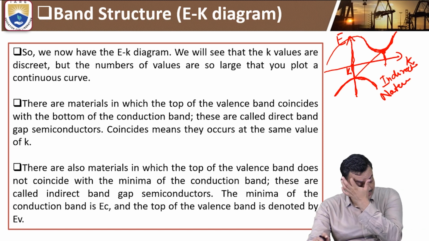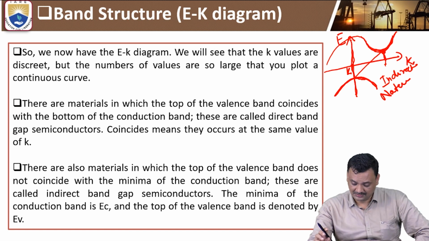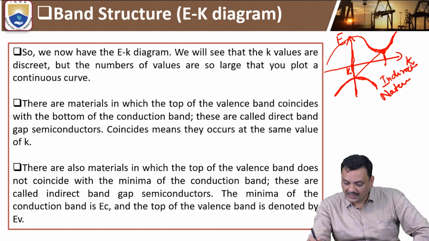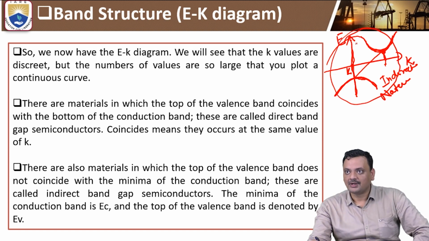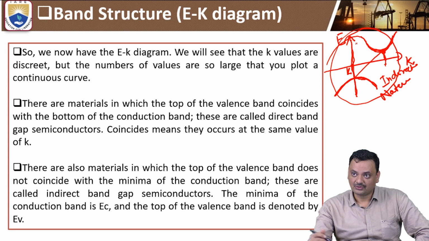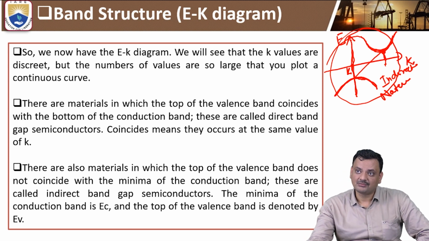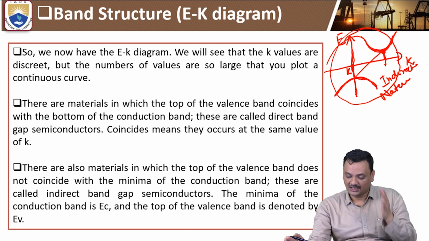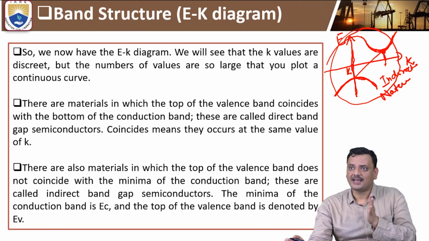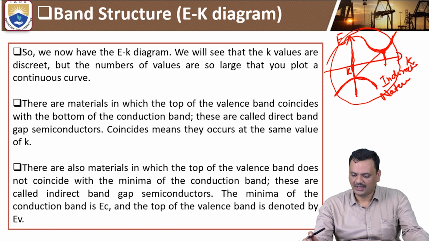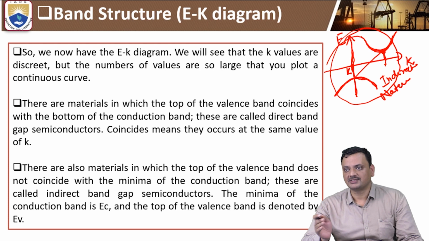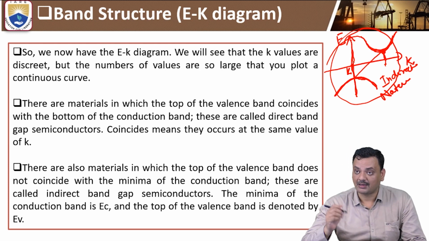So these two considered K points are different, not same. So that type of band structure is known as indirect nature of band gap or indirect band gap structure. Why? Because the bottom of conduction band and top of valence band are not existing on the same K point.